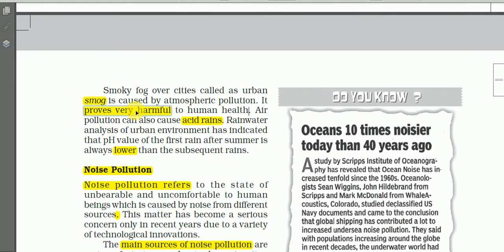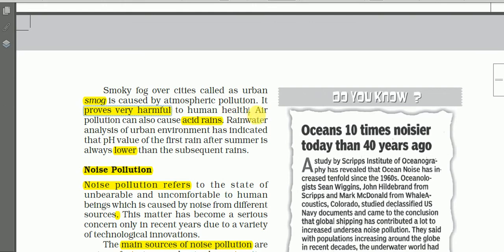In Great Britain, for example, more than 1,000 smog deaths occurred in Glasgow and Edinburgh during the autumn of 1901. So this is very dangerous, very harmful to human health.